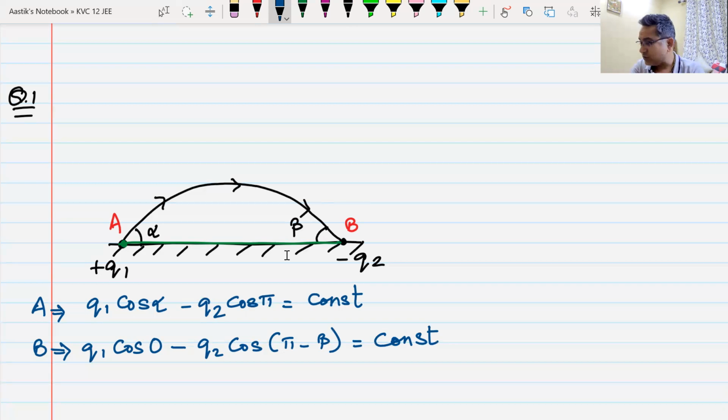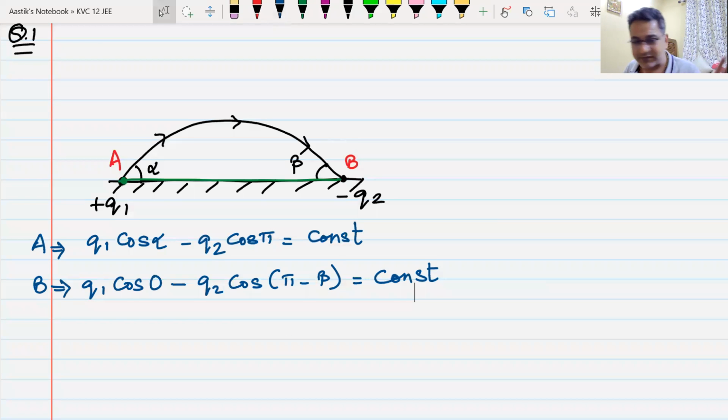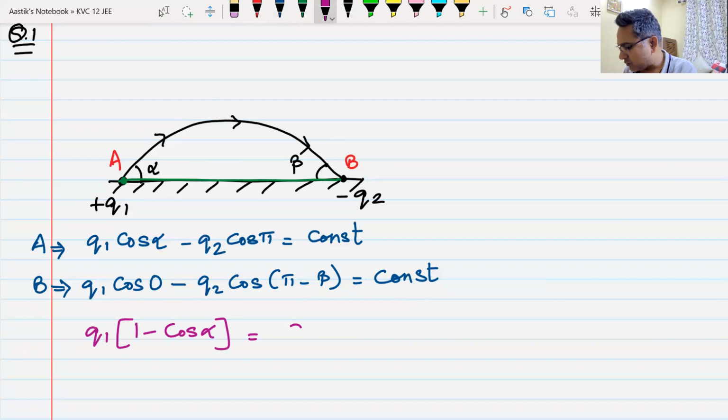If you equate the two, what you have to remember in a general sense is this relation. If you just remember this relation, you don't have to fall into all this trap. Q1 into 1 minus cos alpha will be equal to Q2 into 1 minus cos beta.